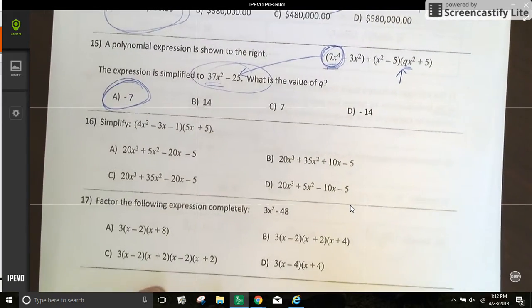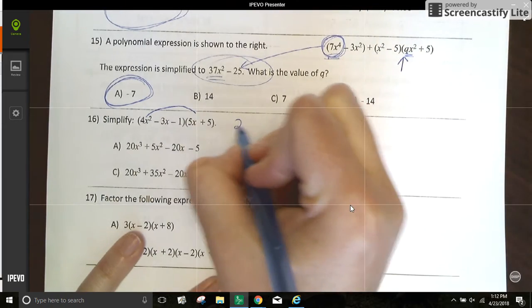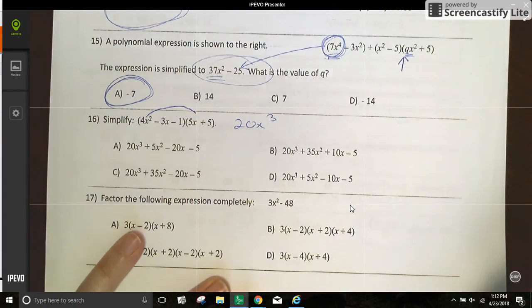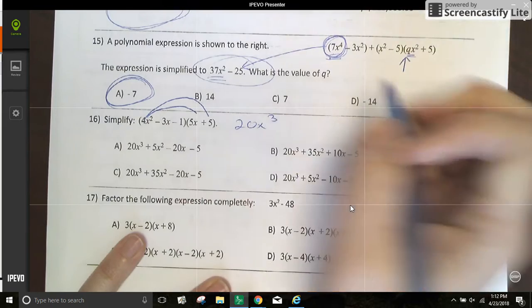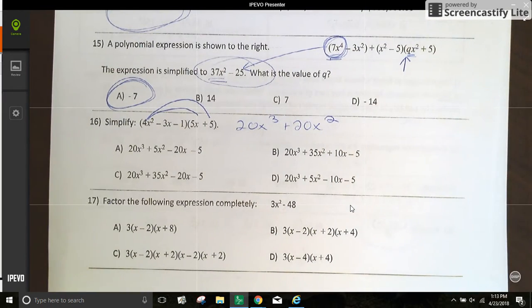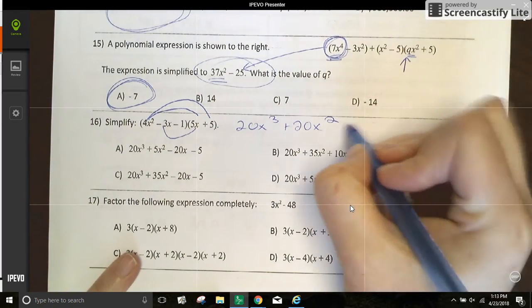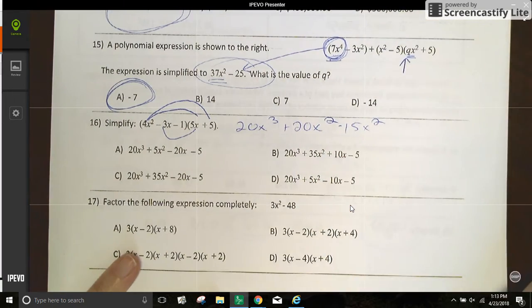For 16, you are foiling. So 4x squared times 5x is 20x cubed. 4x squared times 5 is 20x squared. Negative 3x times 5x is negative 15x squared.